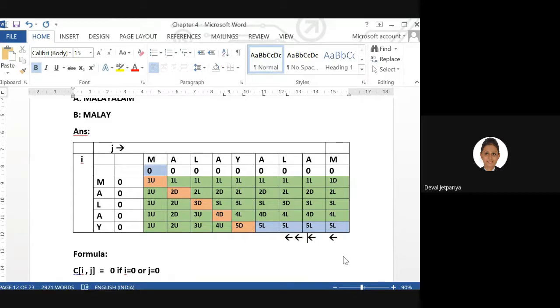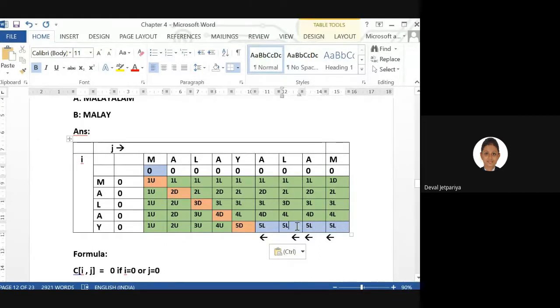Again it is telling go left hand side. So we go left hand side, left hand side, left hand side, left hand side. After that, go left hand side, so we'll reach this box.